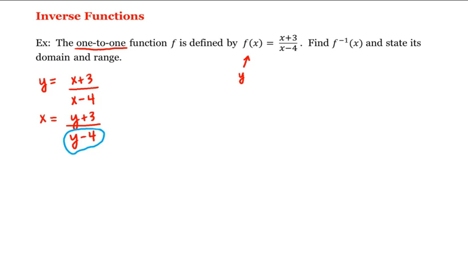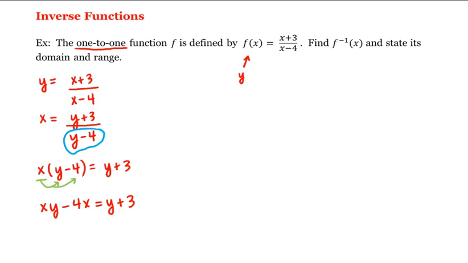minus 4, which gives us x times (y - 4) is equal to y + 3. And now let's distribute this x to both of these two terms, which gives us xy - 4x is equal to y + 3.